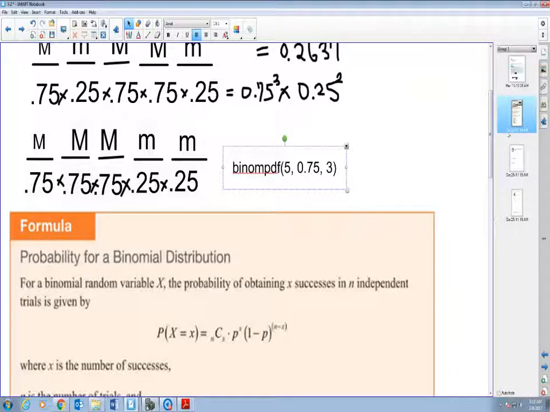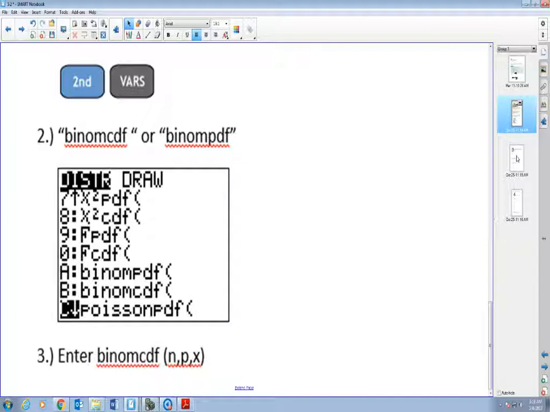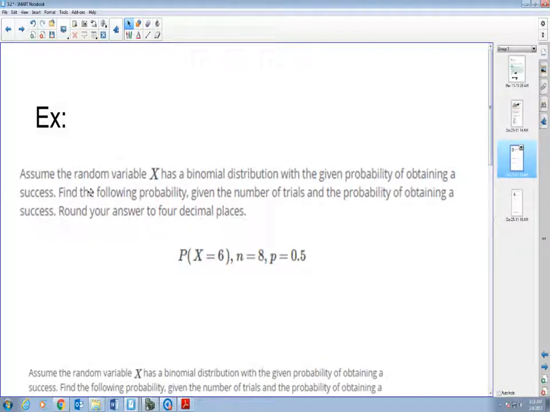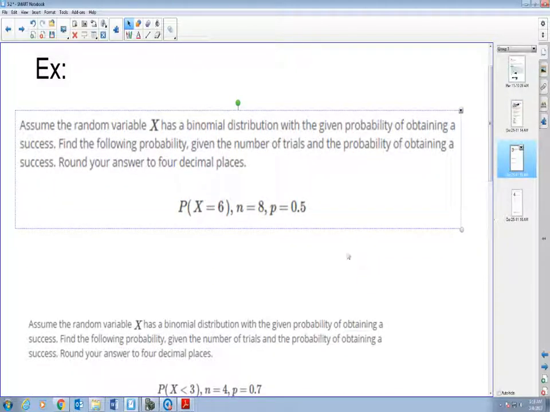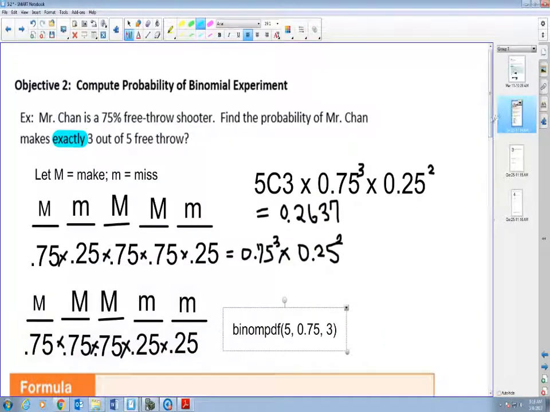So let's try one here. Assume a random variable x has a binomial distribution with a given probability of obtaining a success. When they use the equal sign, probability of random variable x is equal to 6, equal means the word exact.